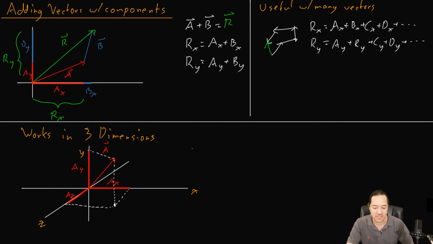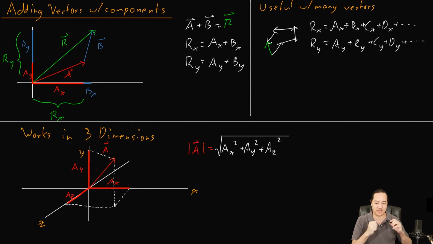And in this case, the magnitude of this vector A is going to be equal to essentially the Pythagorean theorem in 3 dimensions. So it'll be A_x squared plus A_y squared plus A_z squared, and all of that will be under the square root.